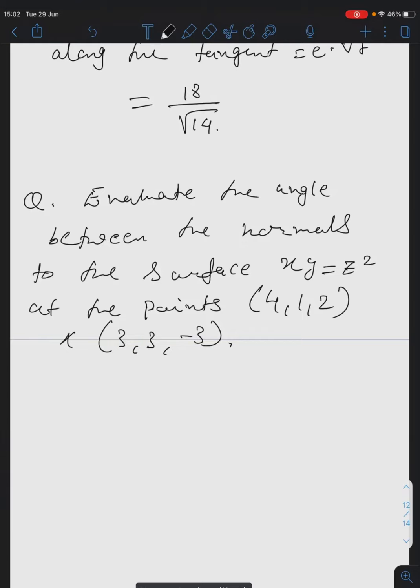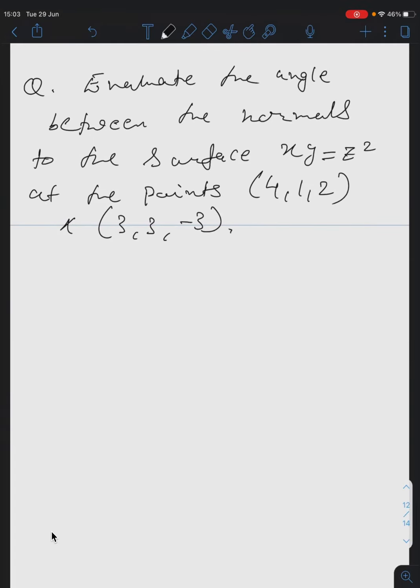Here A bar and B bar are nothing but the normals to this surface at two different points. So first you need to calculate the normals. Normals are nothing but the gradient of f, and at a particular point you will have one normal, at another point you will have another normal. So you know the formula. That's the only thing we are going to do here.